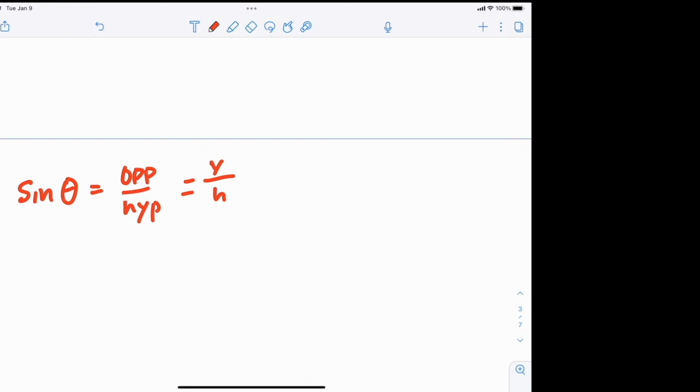Now, inside the unit circle, the hypotenuse is always positive, but it's always what? 1, right? So that's equal to y. Therefore, sine of theta is equal to y inside a unit circle. So sine of any angle is equal to the y value of the unit circle at that particular angle.